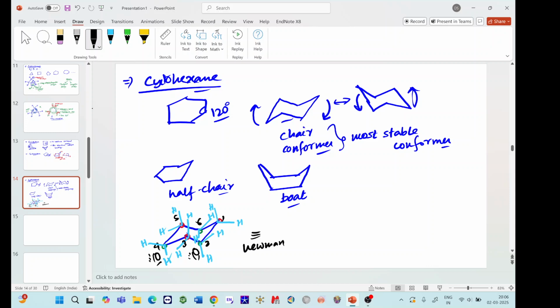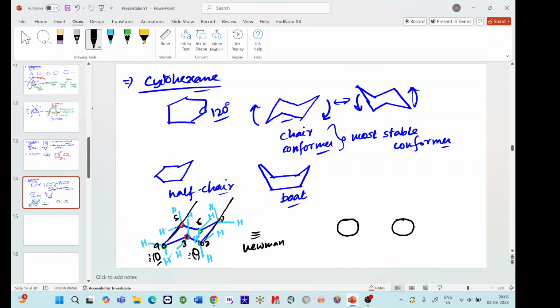This is my axis. This is my axis. This is my axis. So this is one atom that I can see. This is one atom I can see. I can see these two also, but I don't see the other two. These are blocked by the front. So how should I draw it? Let me first draw these two atoms.